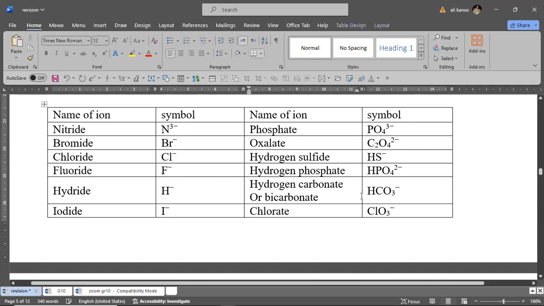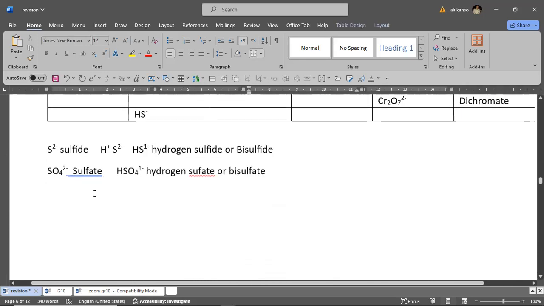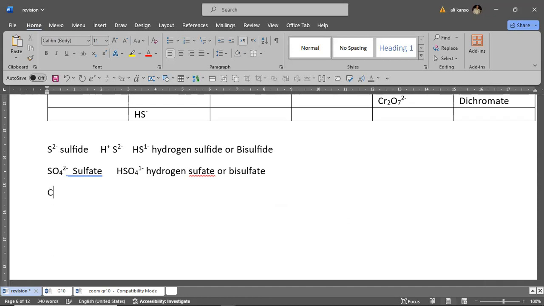Similarly, if I have carbonate, CO3 2 minus, and H is introduced on carbonate, it becomes 1 minus and its name becomes hydrogen carbonate or bicarbonate.